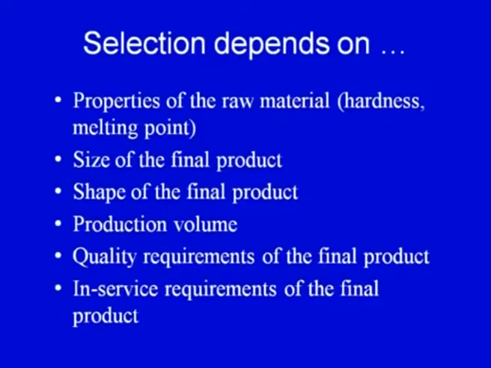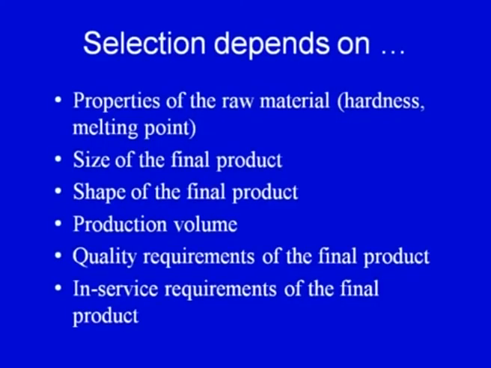Coming on to the production volume. The number of products to be processed will also dictate which particular process should be selected. If the production volume is small, there may be some types of processes which render themselves cost effective and high quality. For example, if the production volume is not too high, moderate or low, we may advocate the use of material removal processes.